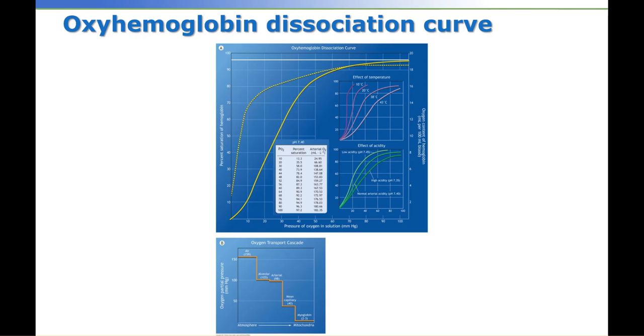The Bohr effect becomes particularly important in vigorous activities because increased metabolic heat and acidity in active tissues augment oxygen release. And B, the chart at the bottom, the term oxygen transport cascade characterizes partial pressures. Oxygen moves from ambient air at sea level to the mitochondria of maximally active muscle tissue. Okay, the partial pressure declines.